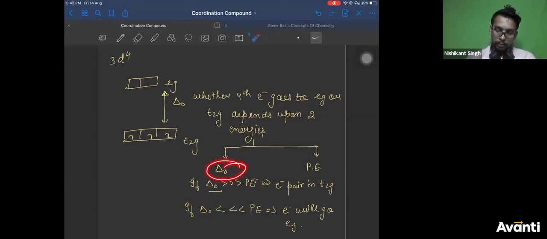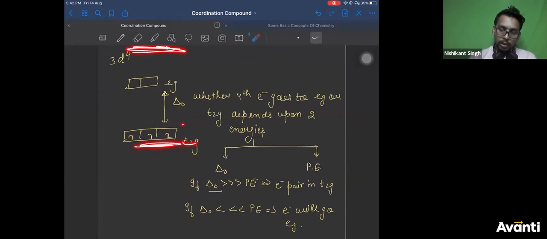So we said delta O is the energy gap between T2G and EG. If delta O is very large, that means the energy gap between T2G and EG is very large, so the electron cannot jump to EG. So the fourth electron will pair in T2G. If delta O is less, then the electron will go to EG.